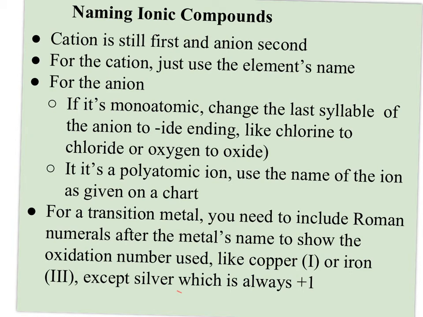If it's a polyatomic ion, we use the name of the ion, just like it's given on the chart. Peroxide, sulfate, whatever. For a transition metal, you also need to include the Roman numeral after the metal's name to tell what the oxidation number was, whether it was copper 1 or iron 3, etc. Except silver, which is always a positive 1.